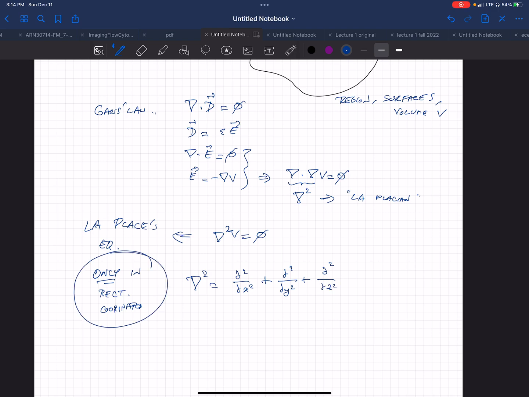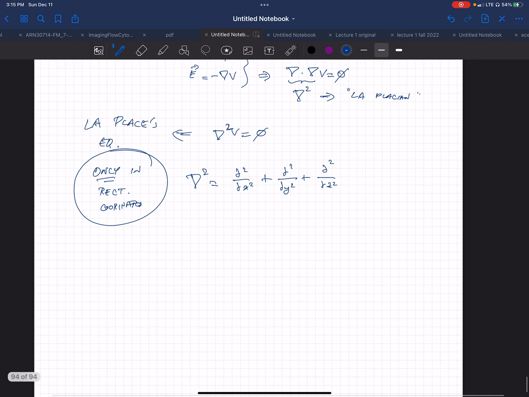So remember, this is only in the rectangular coordinates. In spherical and cylindrical coordinates, I guess it ends up being a fairly complicated relationship.